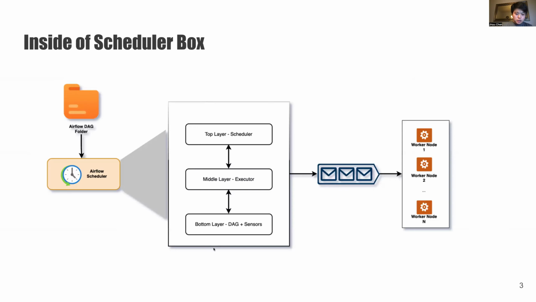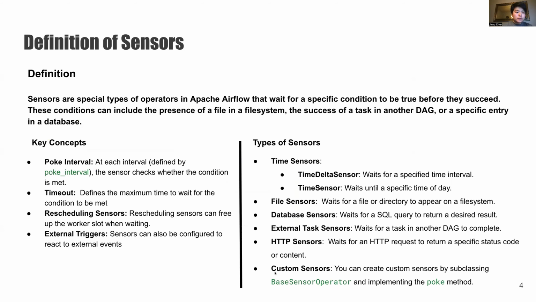Each component here is interconnected to show the flow of information and task execution within an Airflow architecture. This setup ensures that the sensors can efficiently monitor conditions and control the workflow based on the specific criteria.